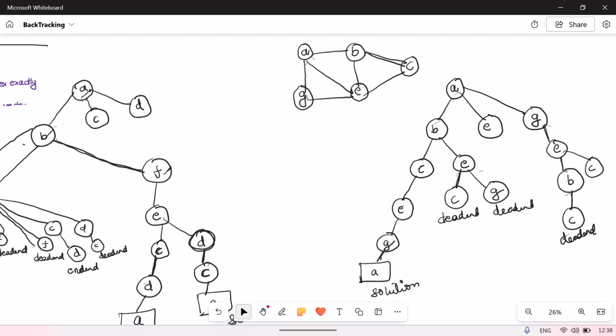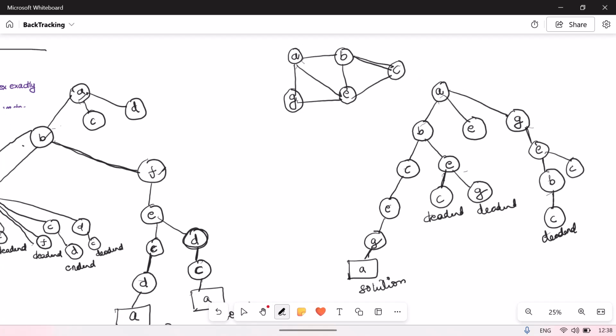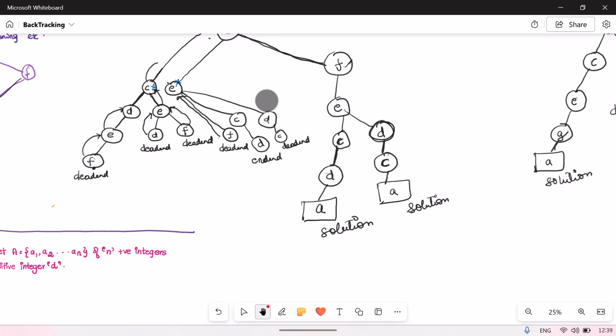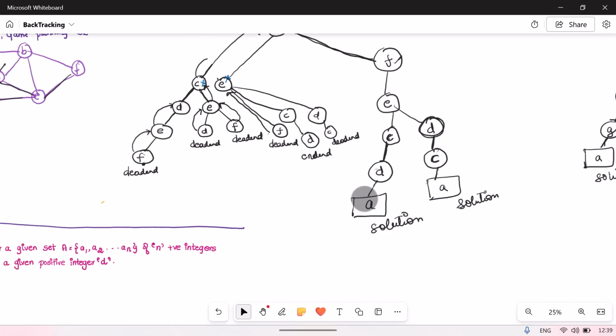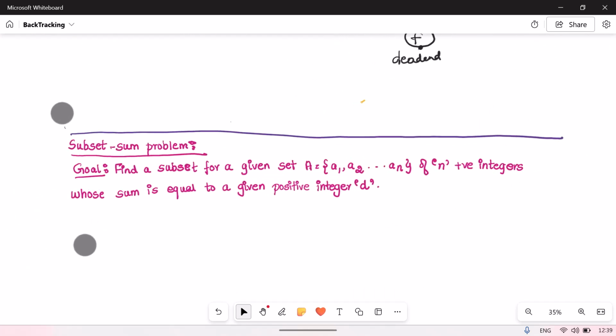What about the next possibilities? From C, I can go to B, but again, dead end. Correct? So this is how you will do the circuit. You will have to explore all the possibilities and make sure from where you start, you end up there. That is the second problem called Hamiltonian circuit.